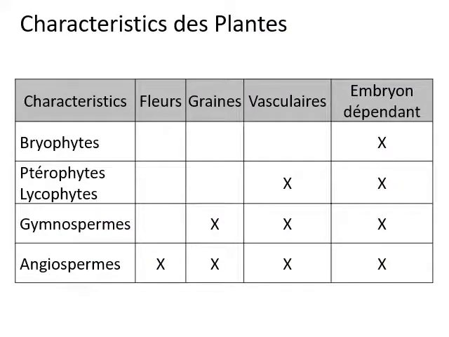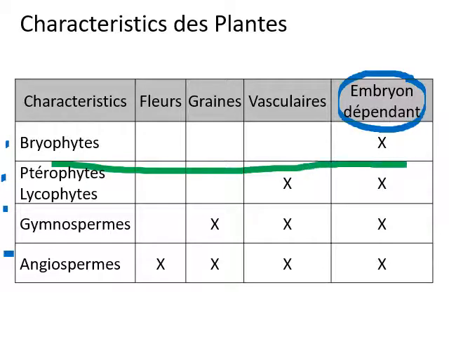Here is a chart to help you sort this out in your mind. You need to know this. All four categories have dependent embryos. However, only the last three have vascular tissue.